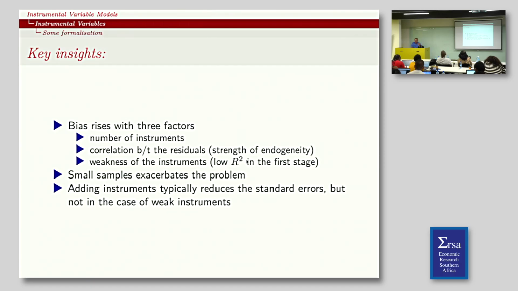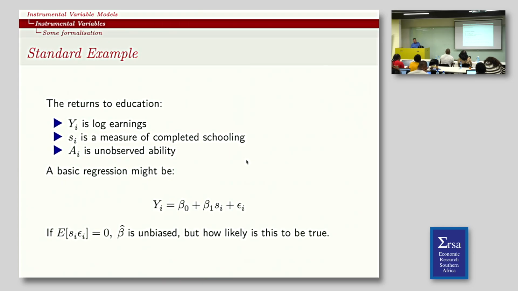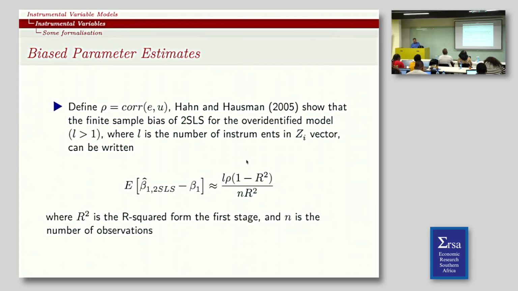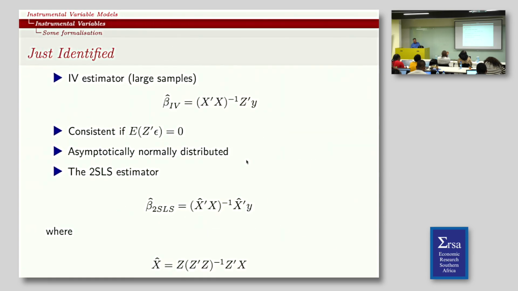All right, so that's a brief summary. It's really not always the case that we have more instruments. But one of the things that happens in two-stage least squares, let me just go back to this version of the equation. One thing that happens in two-stage least squares is that we're actually using the x's as instruments for themselves.